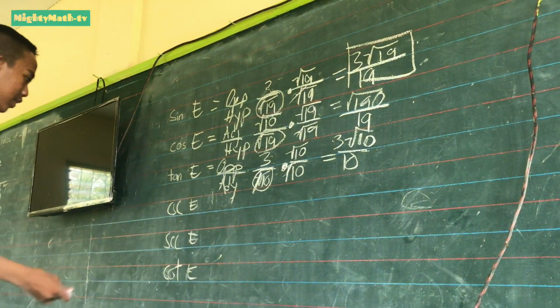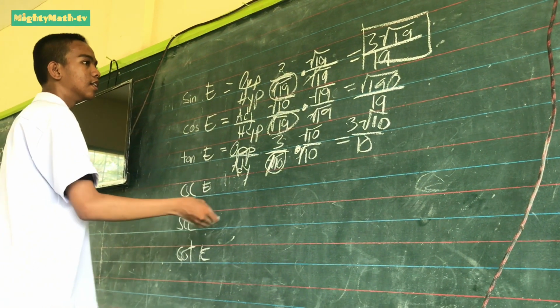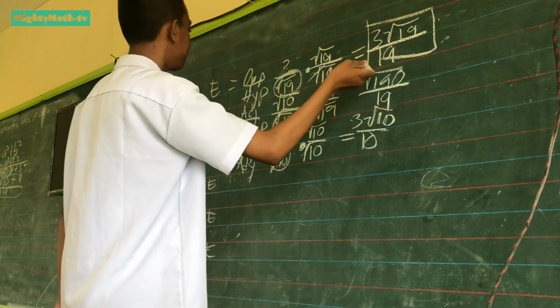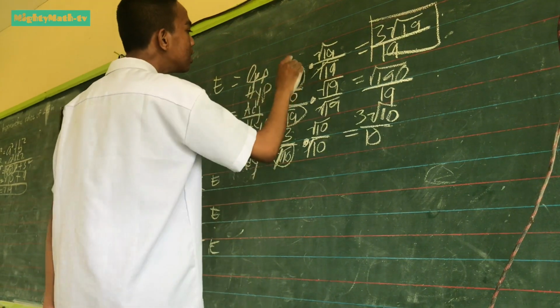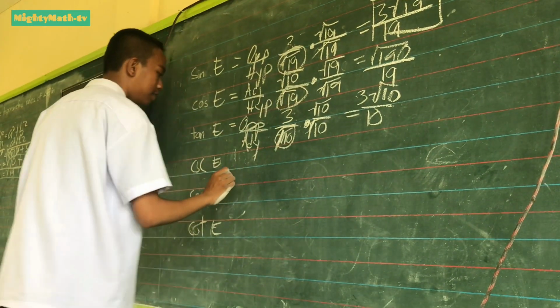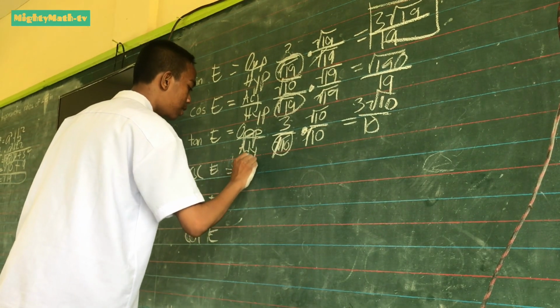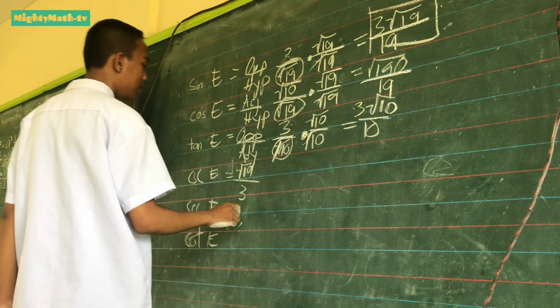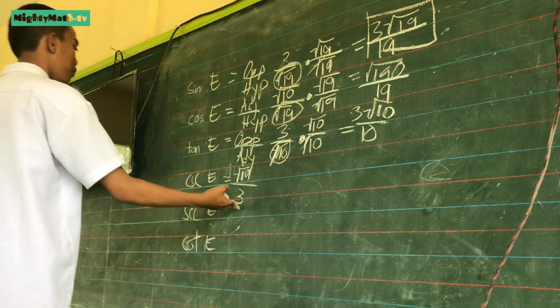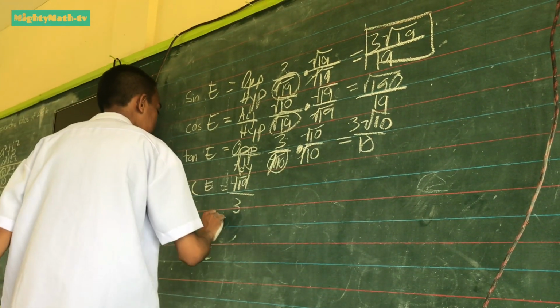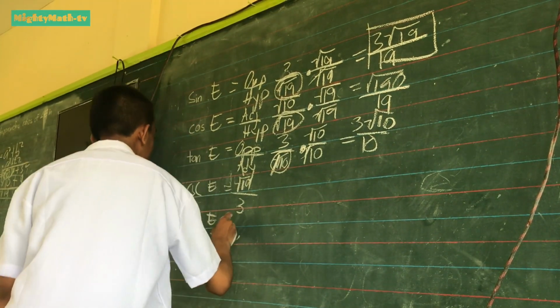And for the cosecant E, it's just the reciprocal. So here, 3 over square root of 19, it's 19 on above, it's 3 on below. And we're having a whole number here, so we'll skip the last process.